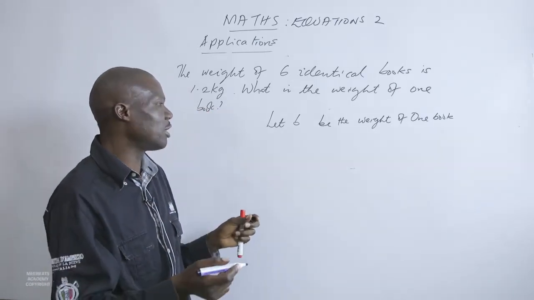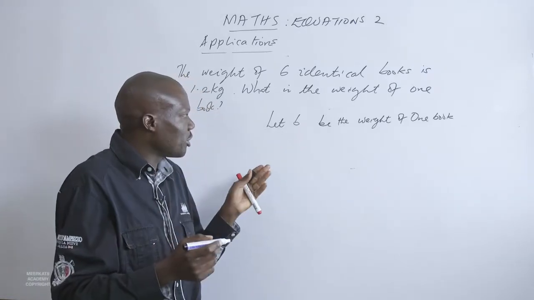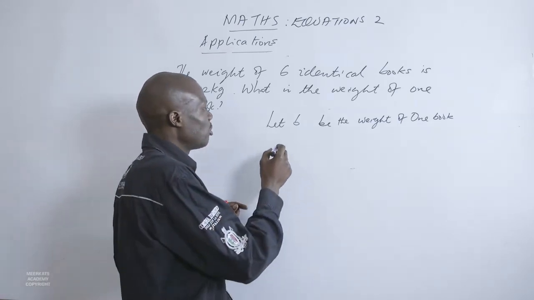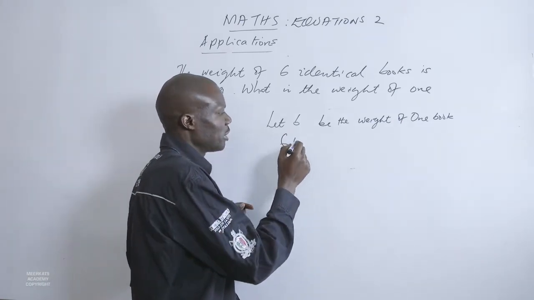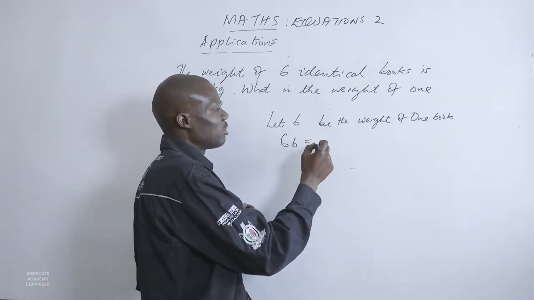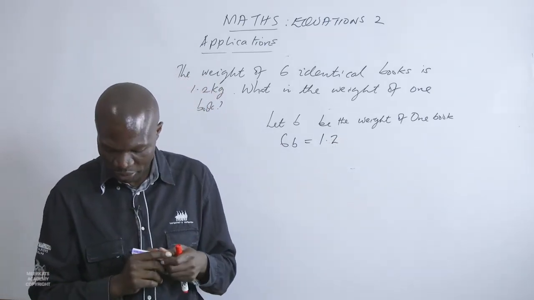So it follows that if one book weighs B kilograms, then 6 books will weigh 6B kilograms, and 6B kilograms is equivalent to 1.2 kilograms.